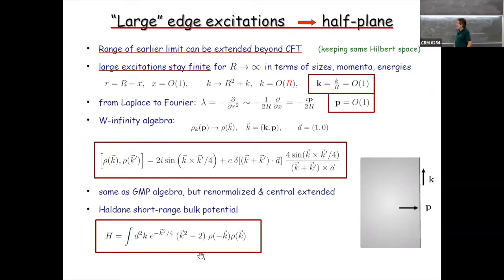It takes a very standard looking expression, in terms of the density. Okay, so at this point I have all the elements to do analytic computation, because I have the algebra, I know the action of the algebra on the states, and I know the Hamiltonian.